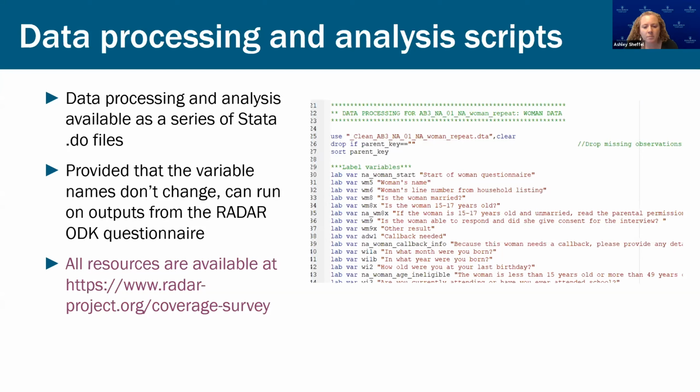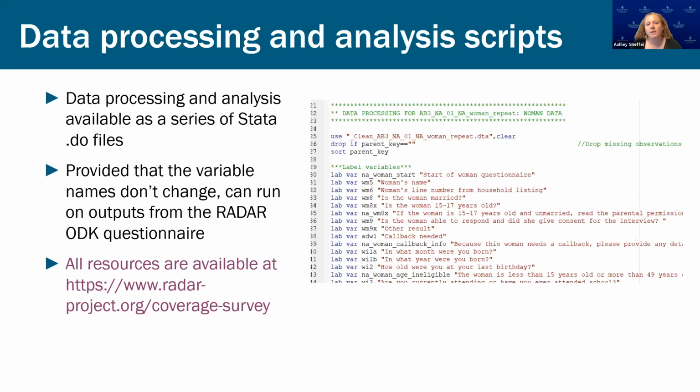To reiterate what Melinda said, if you change the numbering of the core RADAR ODK questionnaire, you will need to update everything in these scripts, which is another reason why it's really recommended that you don't change the numbering. You can add country-specific numbering for your implementation, but leave the numbering, because those question numbers are linked through this entire data analysis and processing procedure as well.